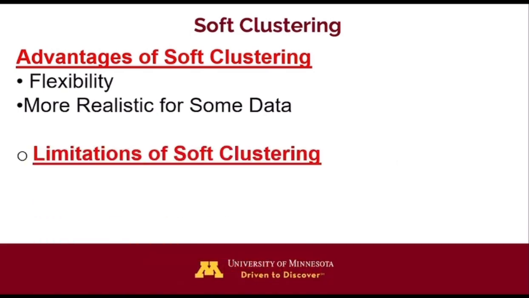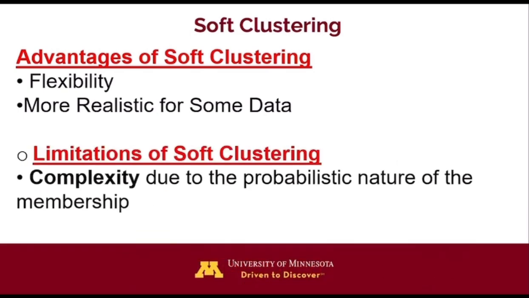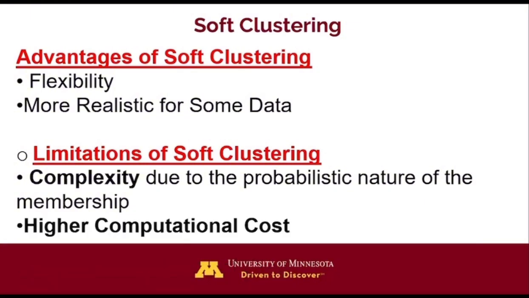The limitation is, number one, complexity, in the sense that probability is now involved. Because of the probabilistic nature of membership, that will incorporate some kind of probability distribution into the algorithm. So that is the complexity that we talk about. And of course, that will come with a higher computational cost.